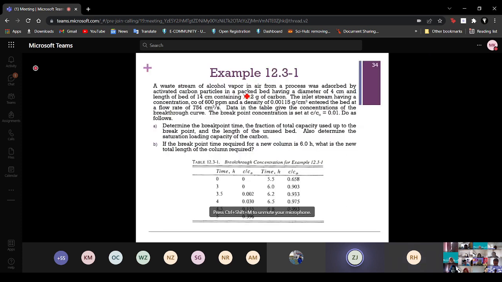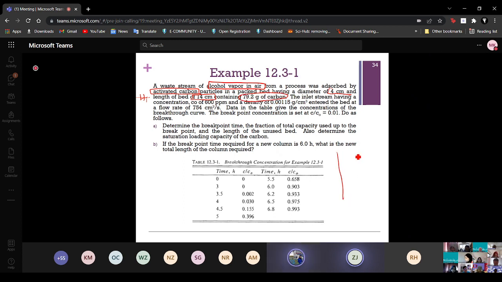Okay, let's look at this example. This is a simple one in your textbook. You have alcohol vapor in air, meaning that you want to absorb the alcohol, using activated carbon. The diameter of the packed bed is 4 cm and the length of the bed is 14. So you have total height of 14, they already told you. The adsorbent you have is 79.2 gram.